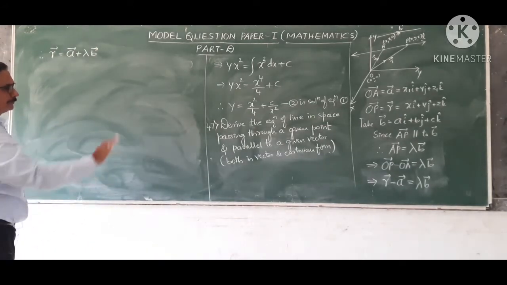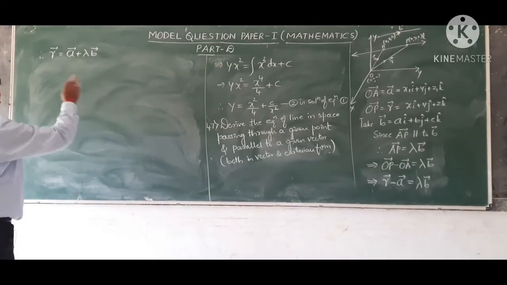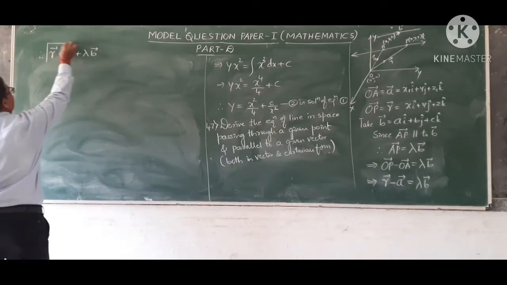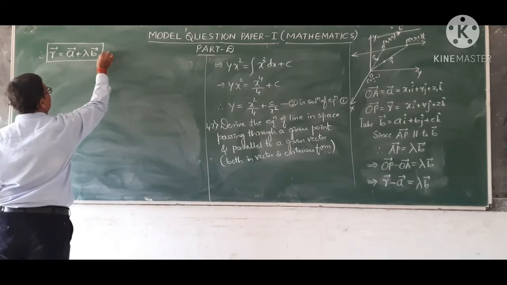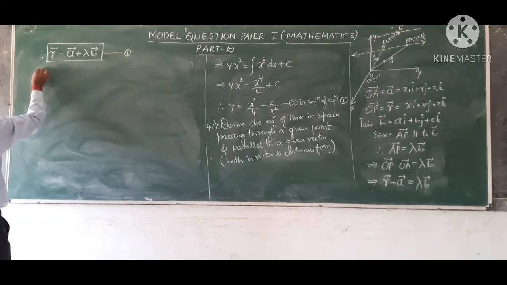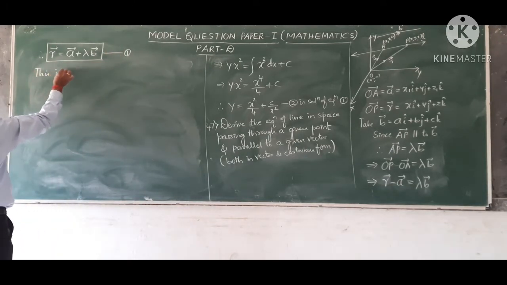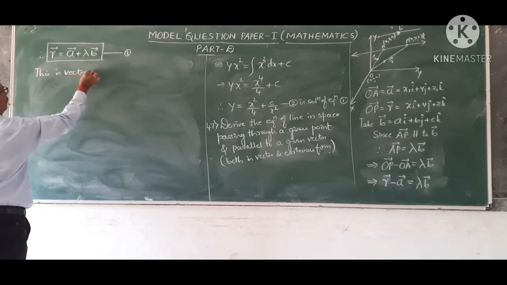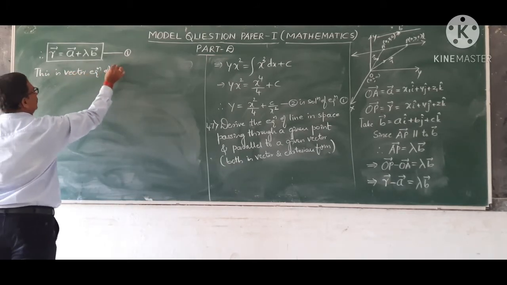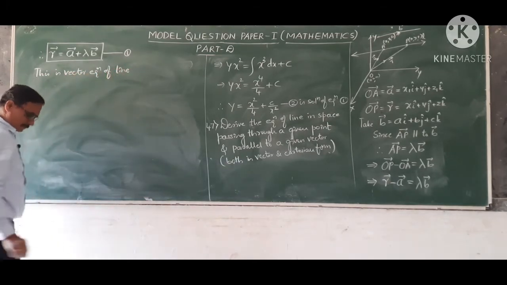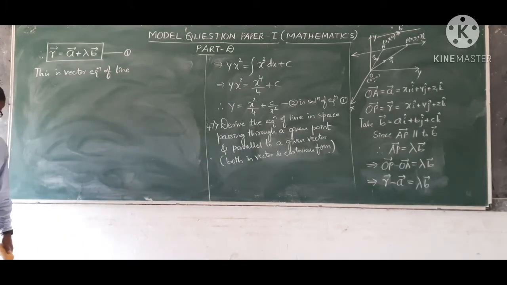Vector R is equal to lambda B, minus A goes to the right side, plus A, or A plus lambda into B. This is the vector equation of the line. This is the vector form. Okay, then to find the Cartesian form.